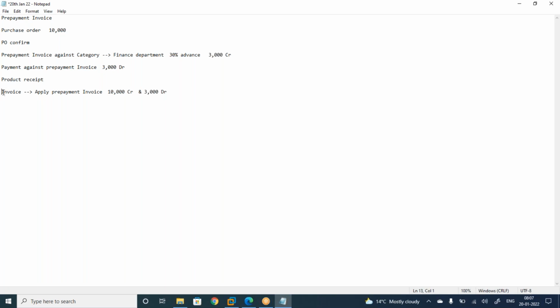Now while applying this prepayment invoice, you need to generate the invoice, because you will receive an invoice copy for 10,000. Agree? Any confusion? We'll receive a 10,000 invoice, am I right? Then when we apply this prepayment invoice, automatically it will become 7,000.